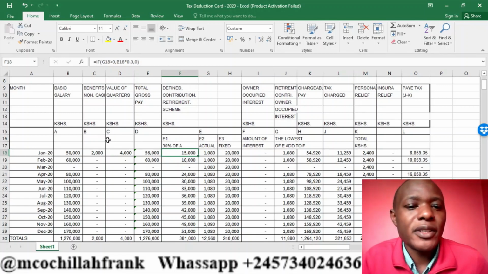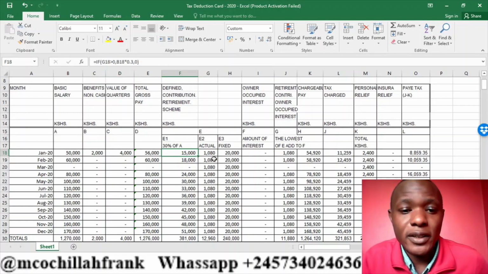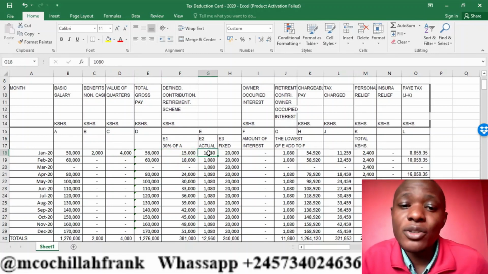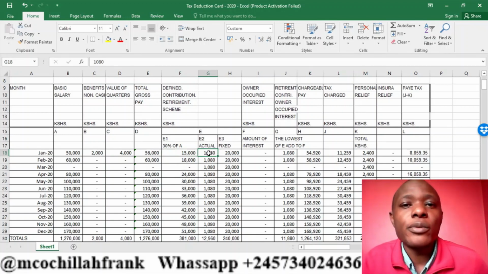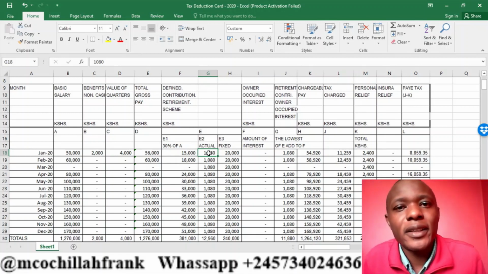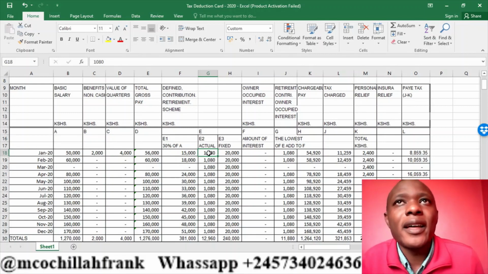We either take 30% of your basic pay, which is 15,000, as the sheet is formulated, or the actual contribution, which is 1080. Why? Because you are supposed to contribute 1080. The employer is supposed to contribute 1080, and the 1080 is what they deduct from your salary, and the employer adds 1080 and remits 2160 to the NSSF.